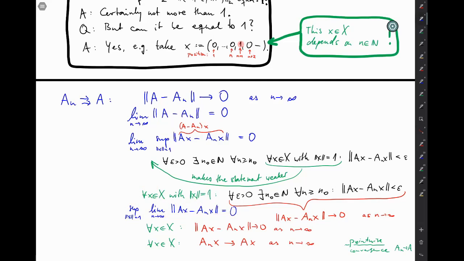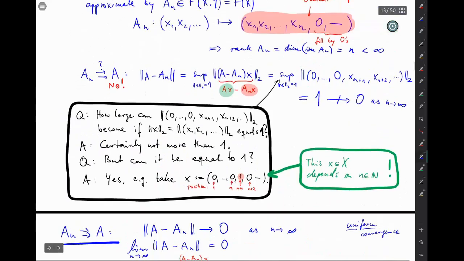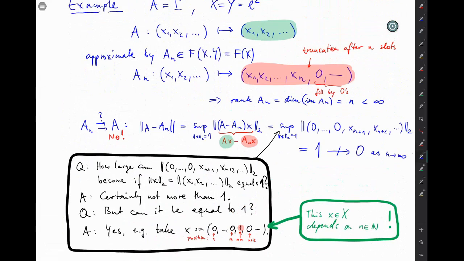And this is somehow telling us that on our way from uniform convergence down to pointwise convergence, all that is happening is this limit and that supremum changing places. Okay, and if you think about it long enough, then you will recognize the mechanism that we observed first in this example here.